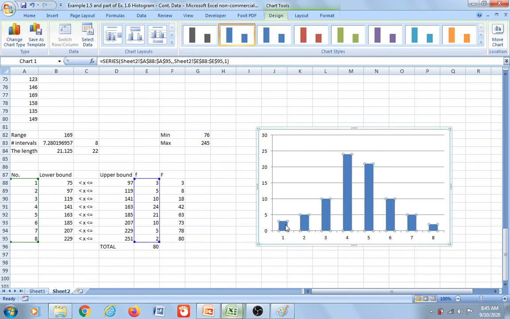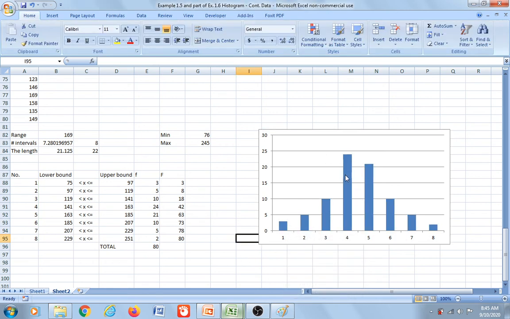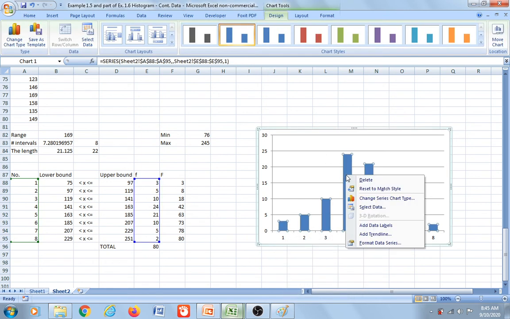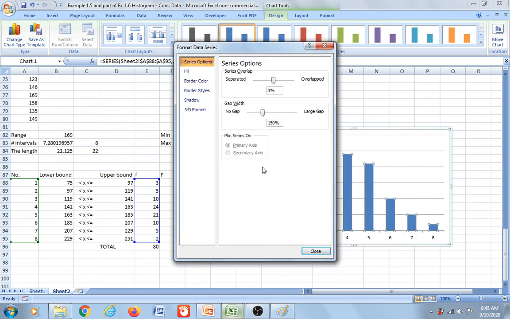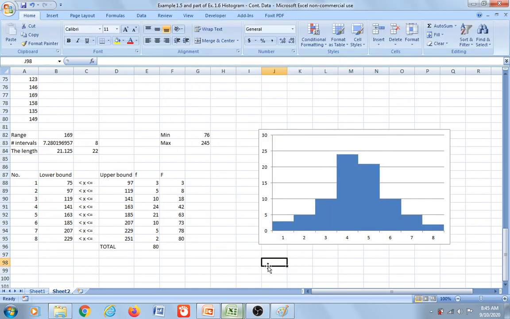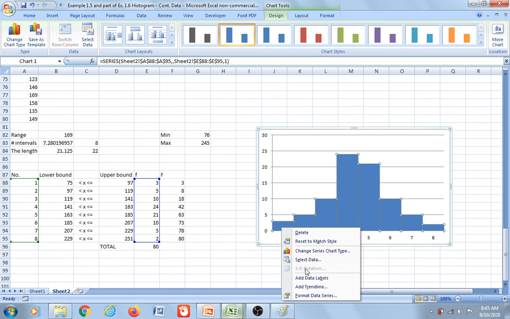I right click, format data series, and then I put no gap. Okay, now there is no space between the bars, and then I'm going to add data labels.